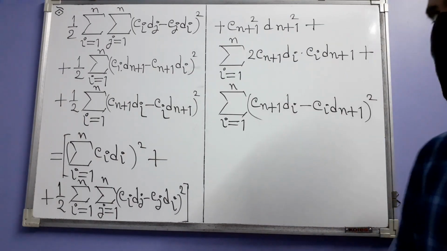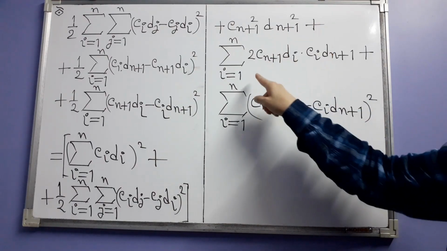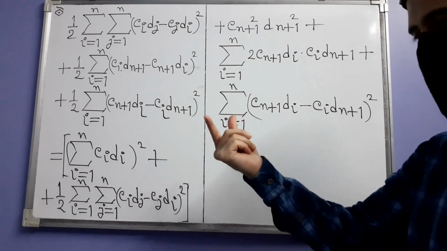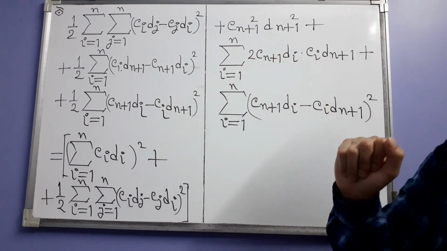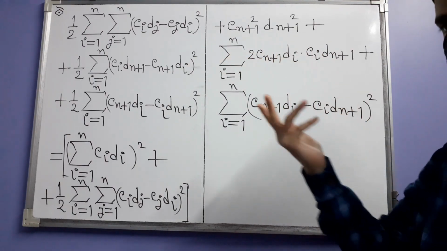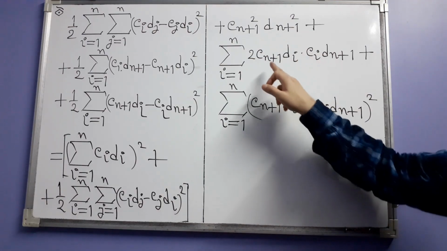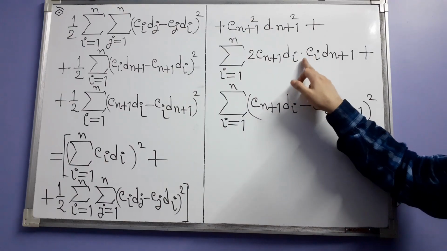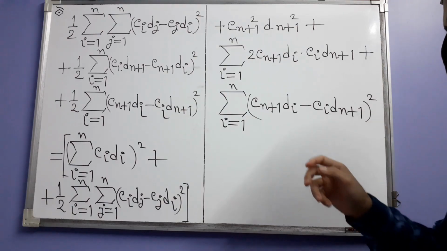And we write the other terms like this. First we write this term, then plus that term where you have 2 times Cn plus 1 Dn plus 1 times summation of Ci di. So we have decided to take the 2 Cn plus 1 Dn plus 1 inside and do a little arrangement like this. We write like this: 2 times Cn plus 1 di times Ci Dn plus 1. You will see why.